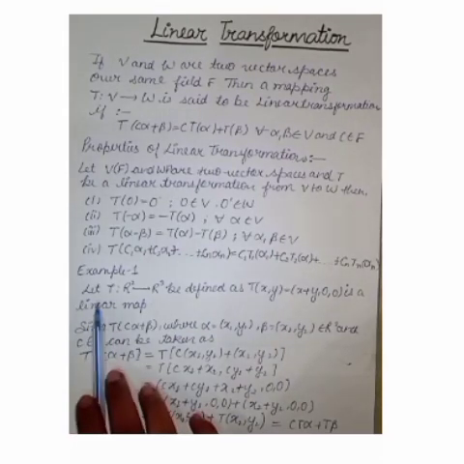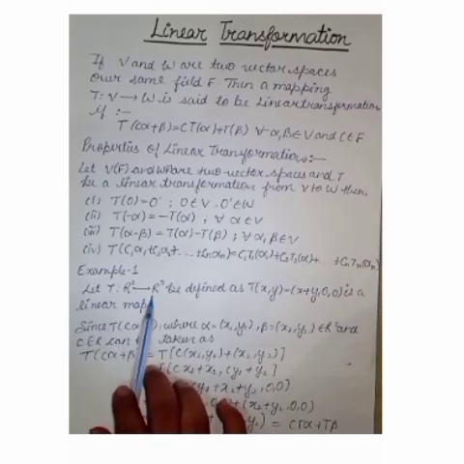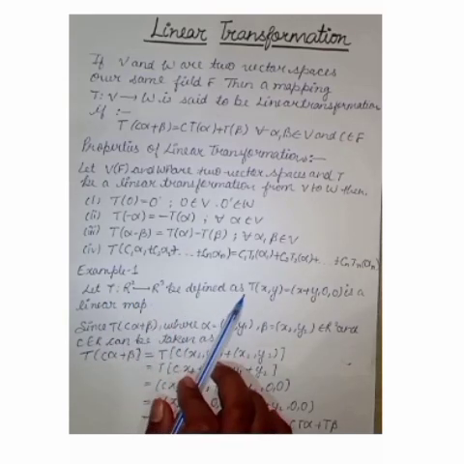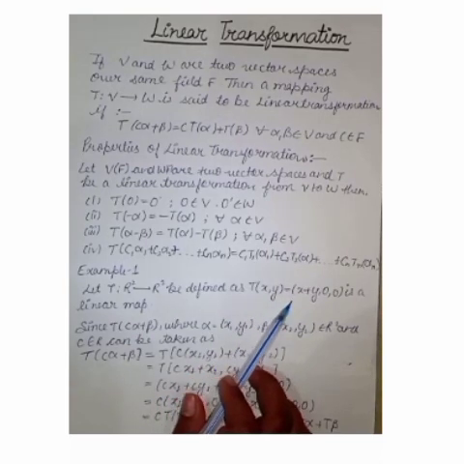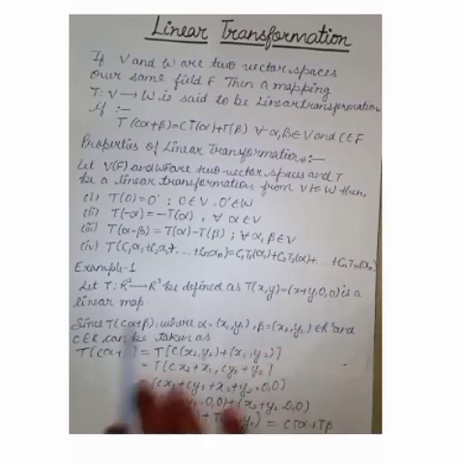The question is, let T be the linear transformation from R square to R cube defined as T(x, y) equals (x plus y, 0, 0). Show that it is a linear map.